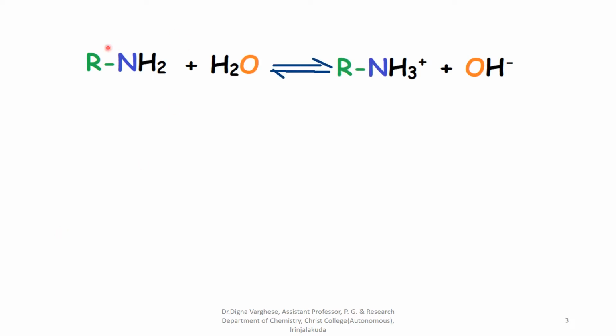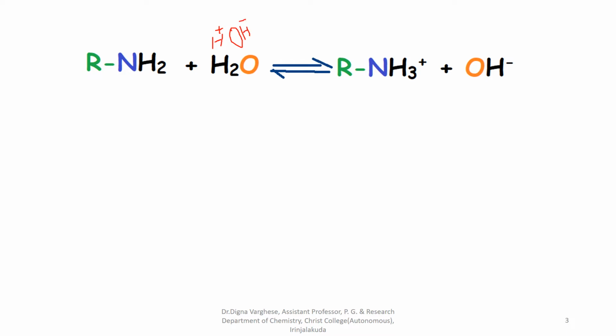Consider the following equilibrium for a primary amine in water. Here you can see the primary amine reacts with water to give RNH3 plus and OH minus. The water molecule ionizes like this, into H plus and OH minus.